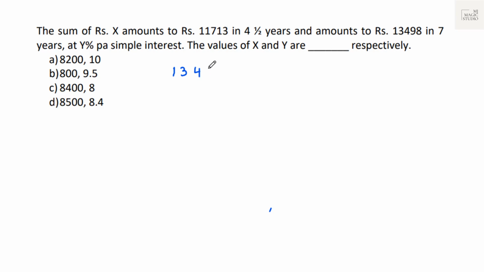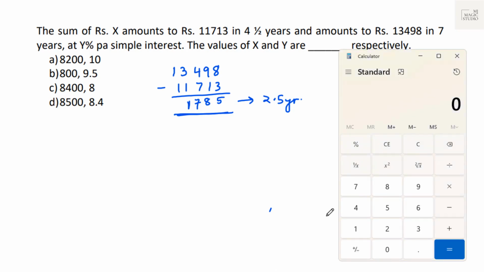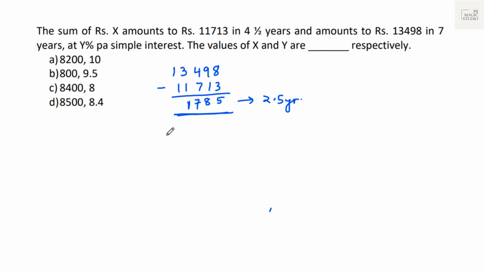Since simple interest is there, let's find the difference between these two amounts. 13498 minus 11713 is 1785 rupees, earned in 7 minus 4.5, that is 2.5 years. So how much is the interest earned in 1 year? 1785 divided by 2.5 will give 714.